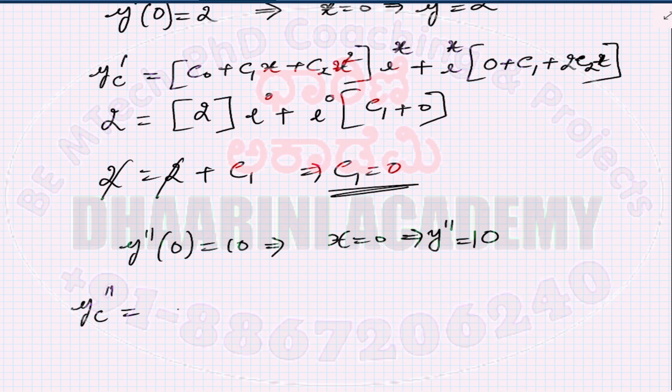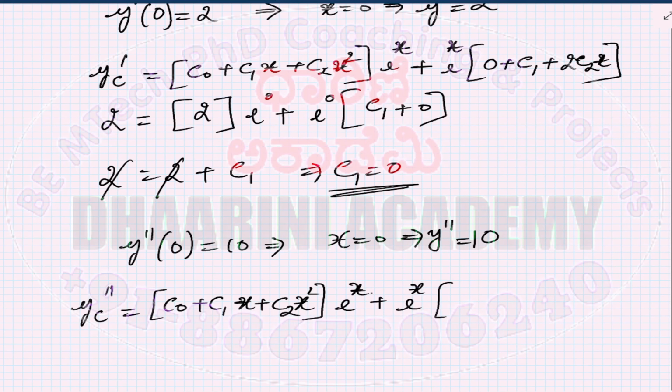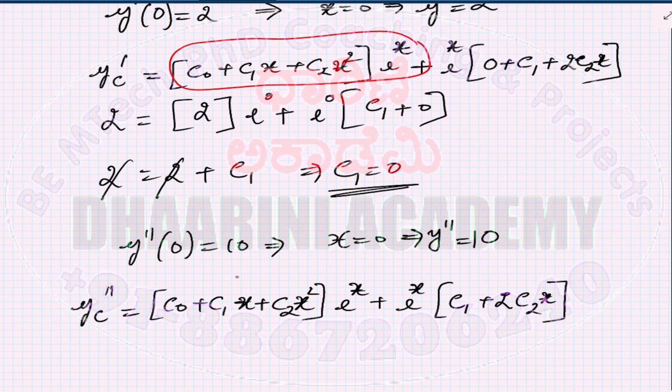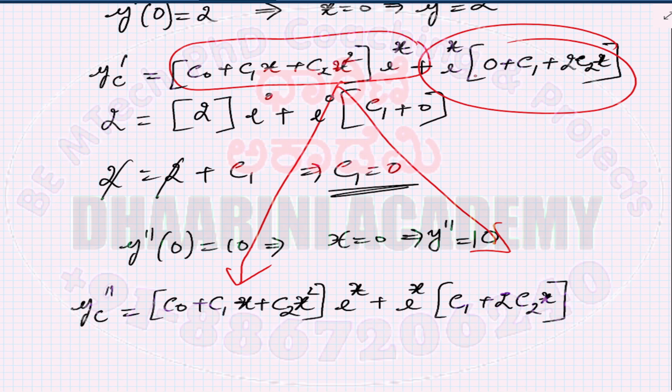The first term is c0 plus c1x plus c2x square into e to the x, plus keep the second term as it is, e to the x, into this differentiation. Differentiation of c0 is 0, c1 plus 2 times c2 into x. Not x square, my mistake. Okay, this is nothing but this being differentiated like this plus this. But there is another term, right? Now I am going to solve that term.